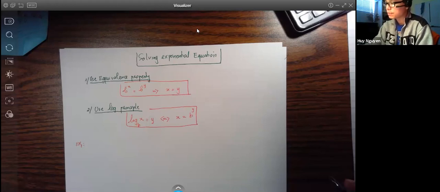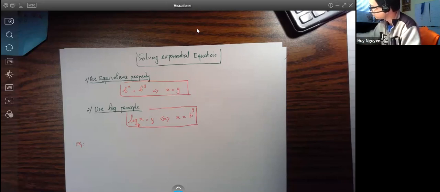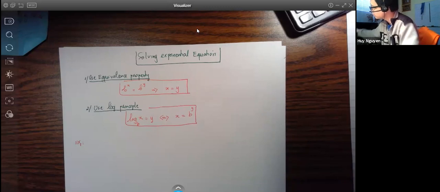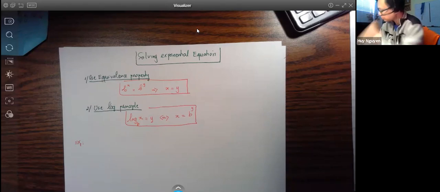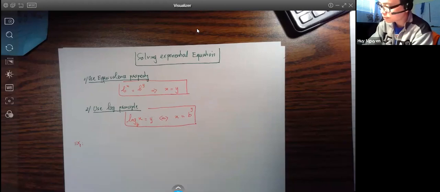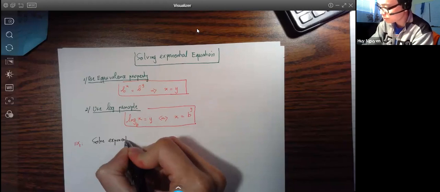I have something where you can apply the equivalence property. Something very simple. How about this? Let's see. Exponential equation.